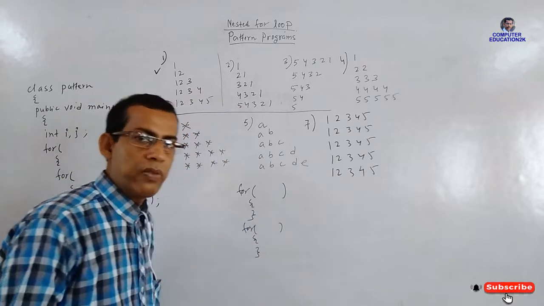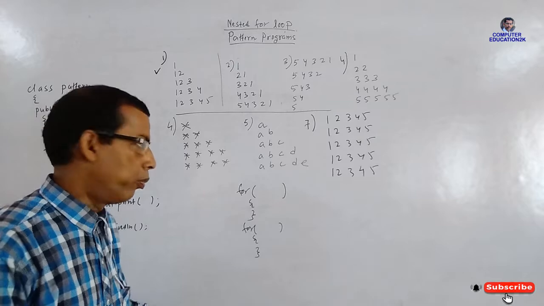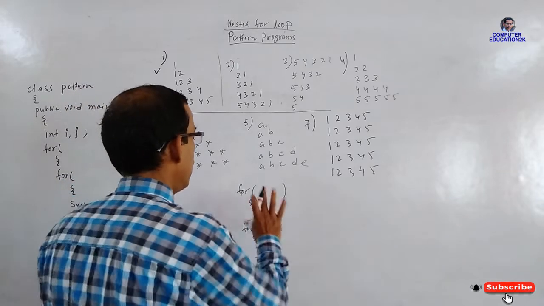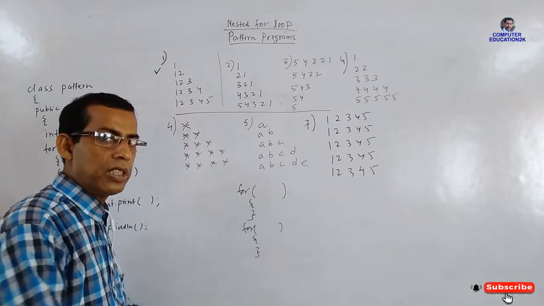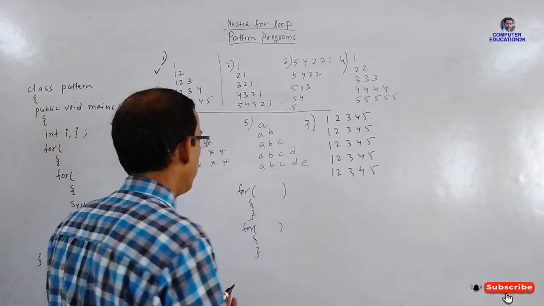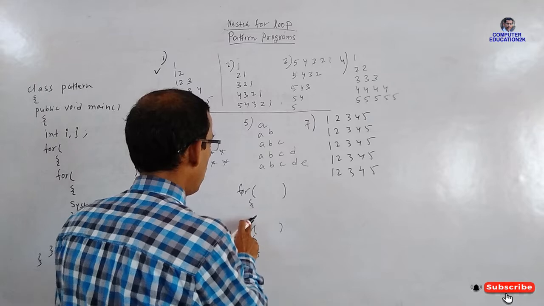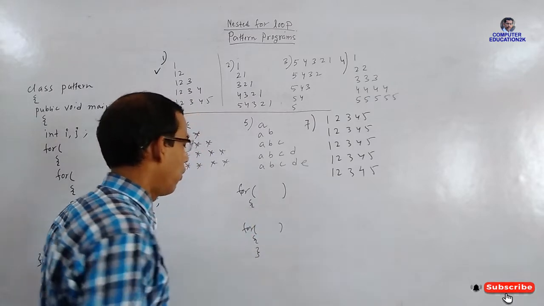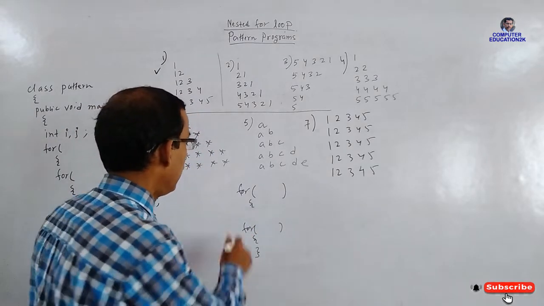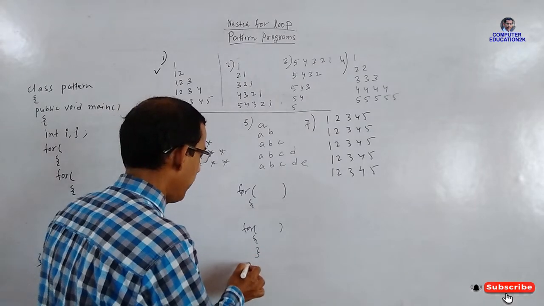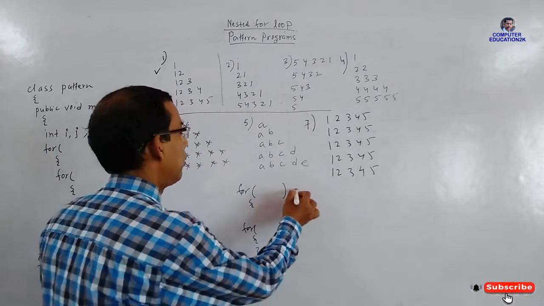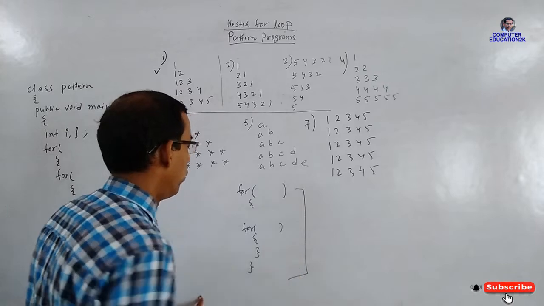This is not a nested for loop; this is a combination of two for loops. But if you remove the closing curly bracket of the first for loop and give it over here, then this will become a nested for loop.